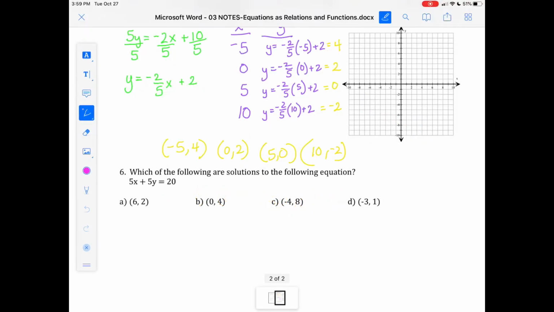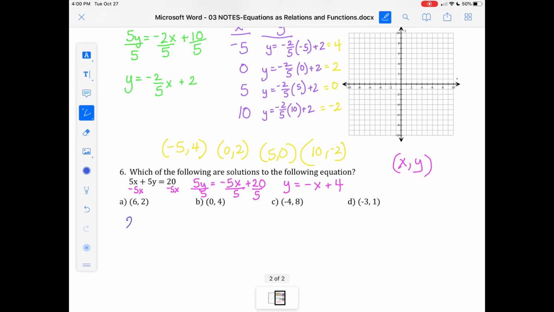Lastly, the question that asks which of the following ordered pairs are solutions. What we want to do is get our y by itself. Next, we divide everything by 5, which gives us y equals negative x plus 4. So the next thing we do is we plug in each of these ordered pairs for x and y.